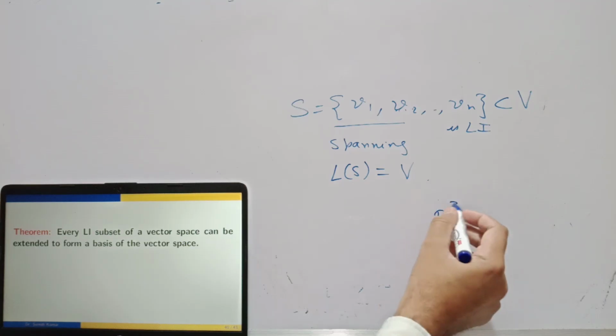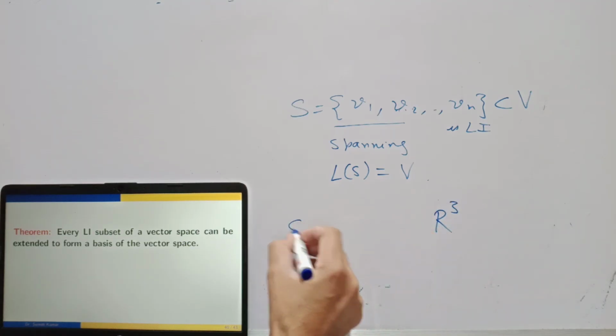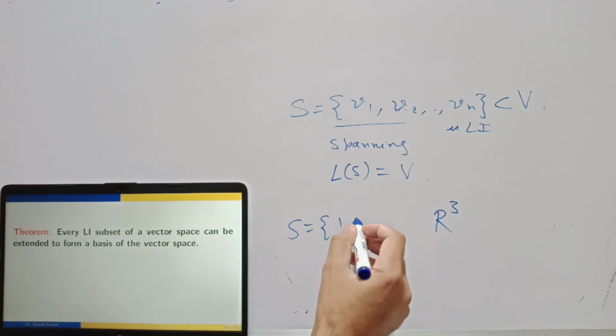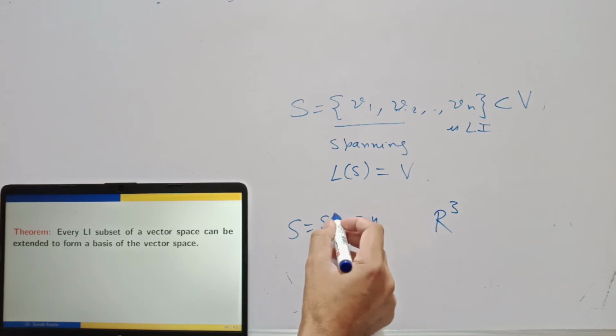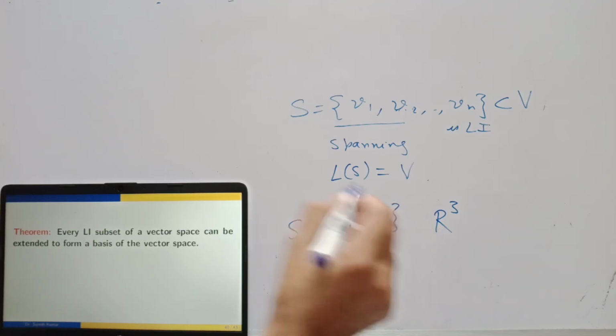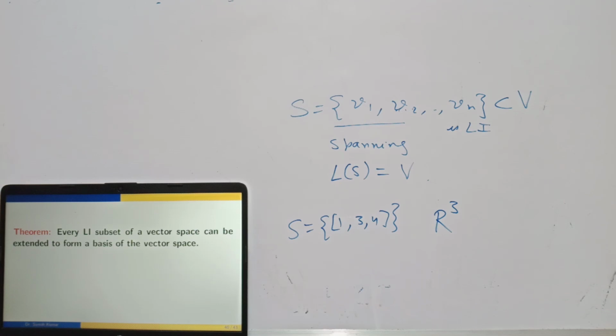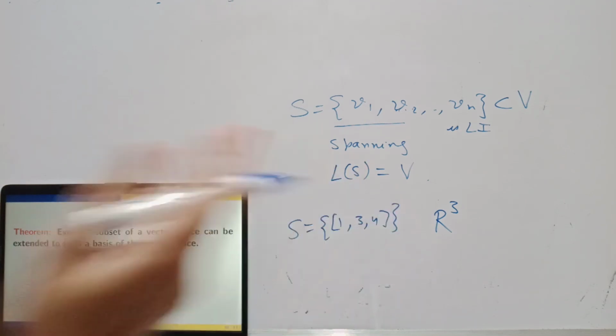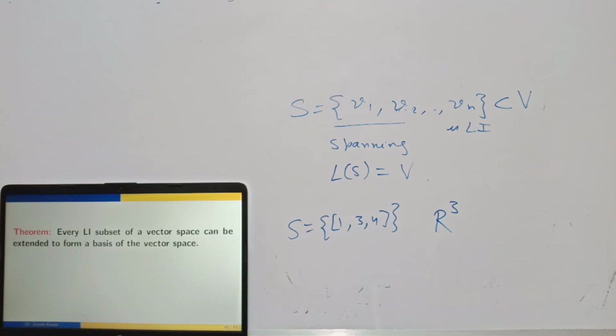For example, you are given R3 and some set is given, say (1, 3, 4). From this set you want to construct a basis, so it is independent. Now how many vectors are to be added to form a basis? Two more vectors, because the dimension of R3 is 3. Okay.